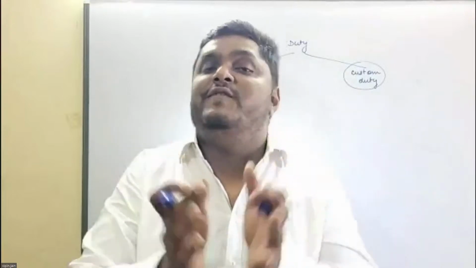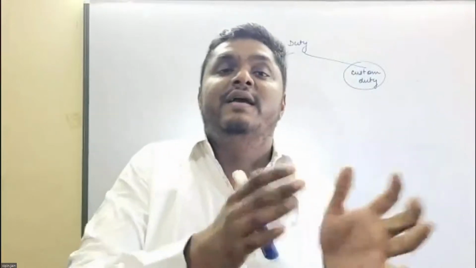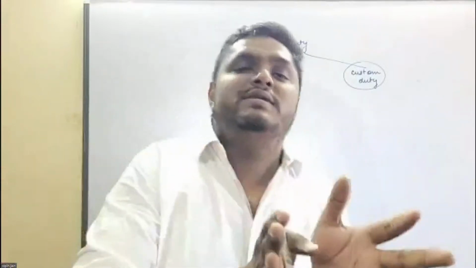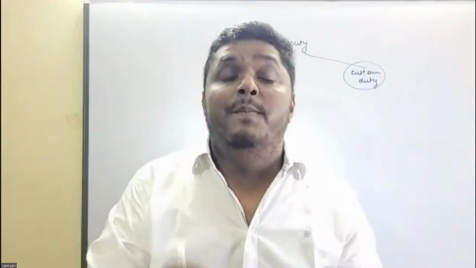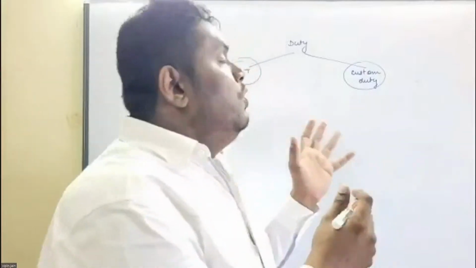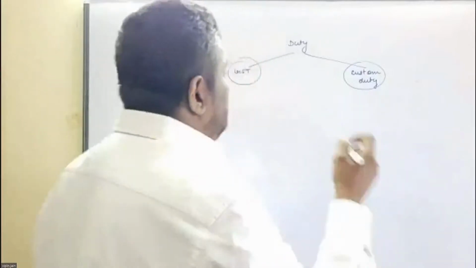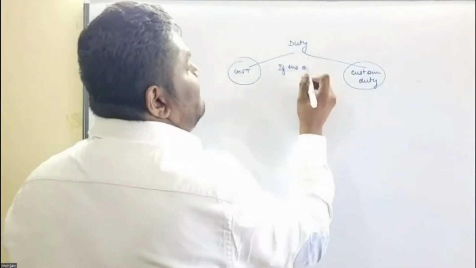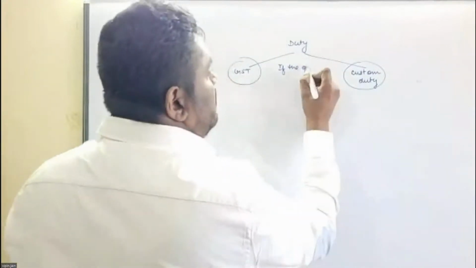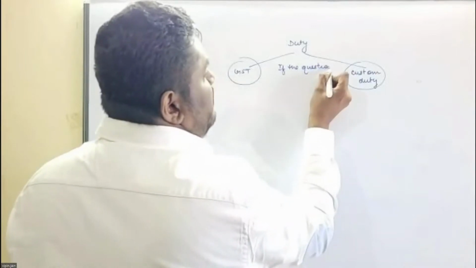If the question clearly specifies that the credit is available or not available, follow the instructions given in the question. But if the question is silent about whether the credit is available or not, what should we assume?